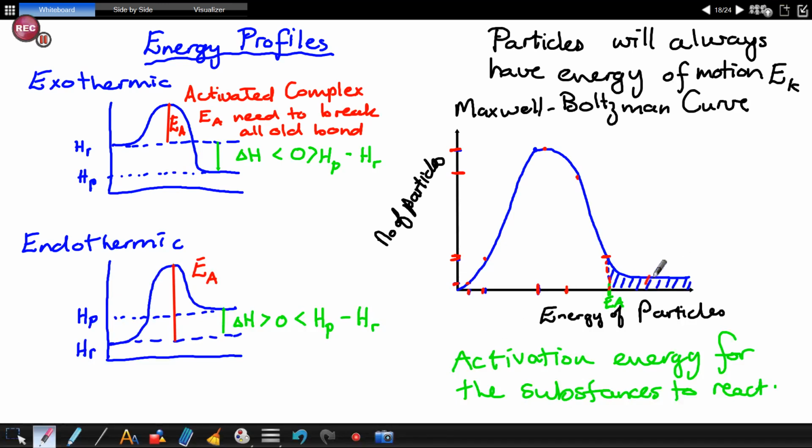These particles will react because their kinetic energy is greater than or equal to the activation energy. The majority of the particles will not react.